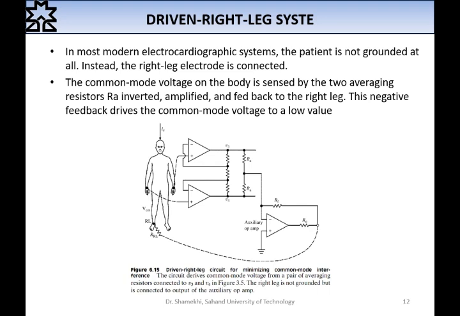As I told you before, all the applied bad voltage on our body, we call it common mode voltage, and as I mentioned before, we can assume that the whole body is a single node in this perspective.